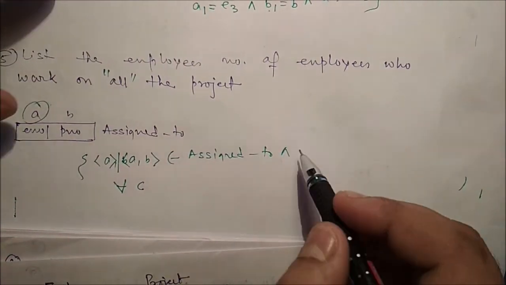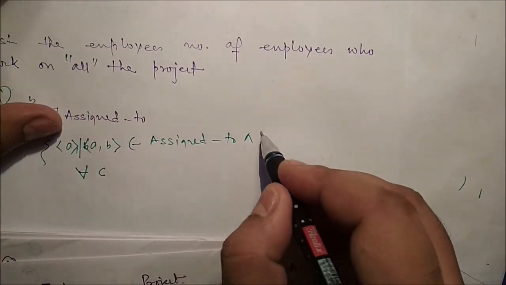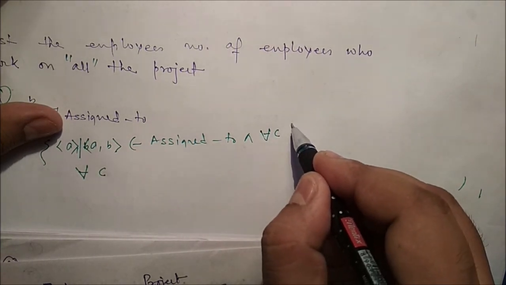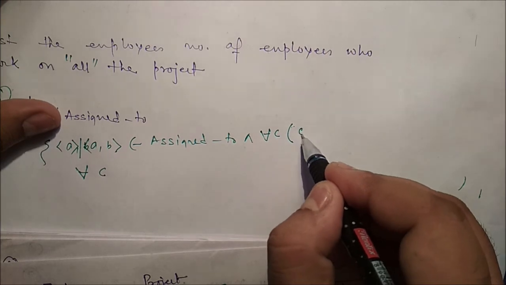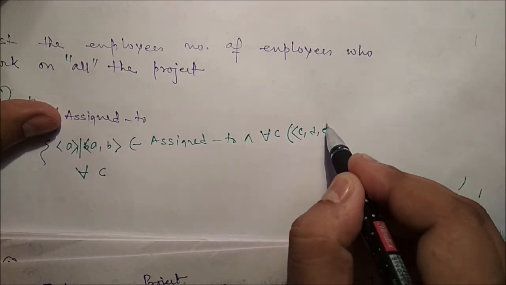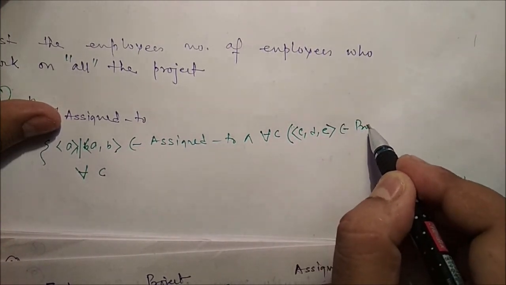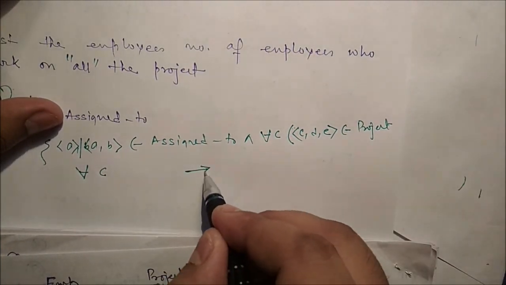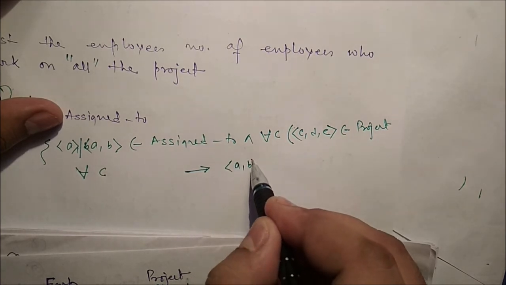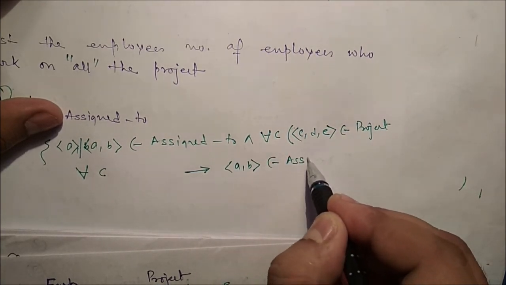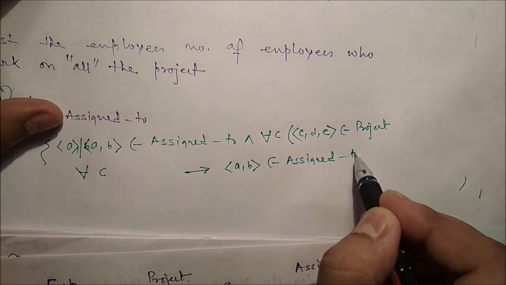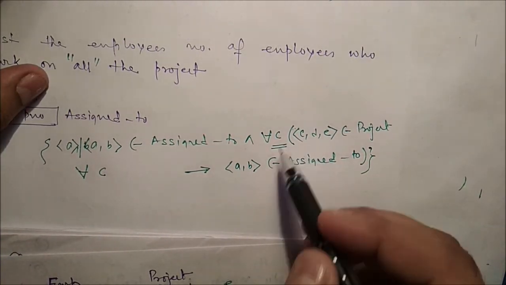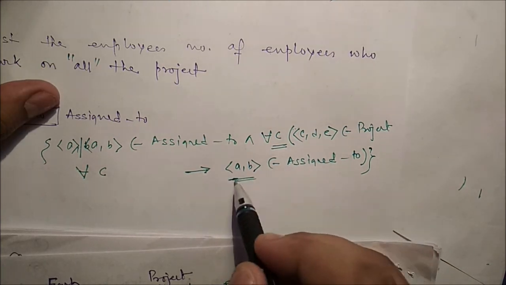That means we need all C where C, D and E belong to project, which implies that AB belongs to assigned to.